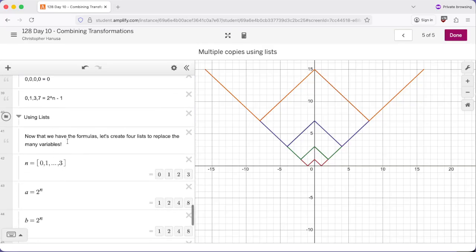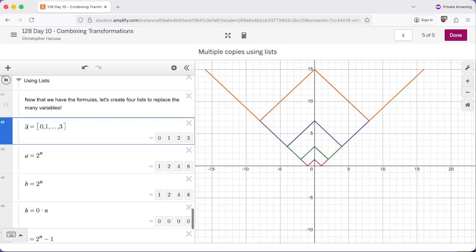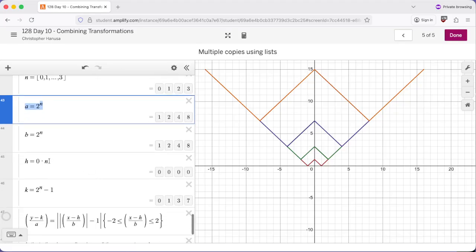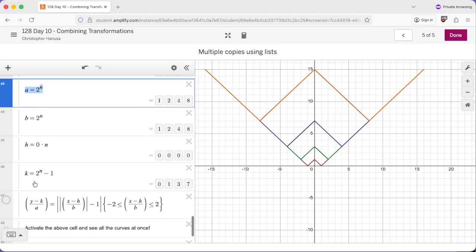So now that we have the variables, let's make some lists to replace the variables. My n numbers go from 0 up to 3: 0, 1, 2, 3. A is 2 to the n, right? 1 is 2 to the 0, 2 is 2 to the 1, 4 is 2 to the 2, 8 is 2 cubed. Also B. And H is always equal to 0, 0 times n.